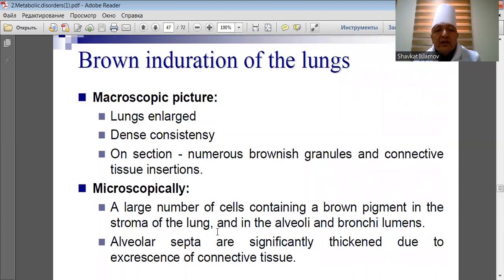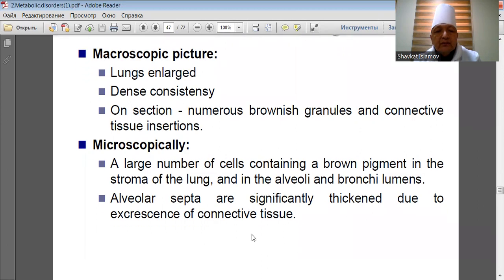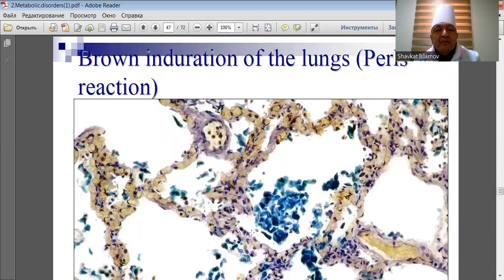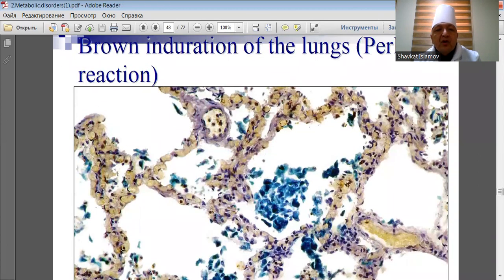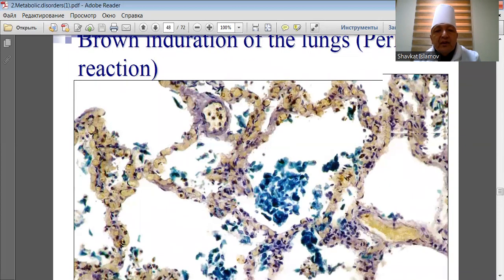Microscopical. A large number of cells containing brown pigment in the stroma of the lung and in the alveolar and bronchial lumens. Alveolar septa are significantly thickened due to the growth of connective tissue. Microscopic picture, brown induration of the lungs.